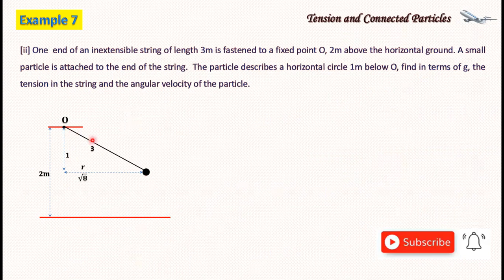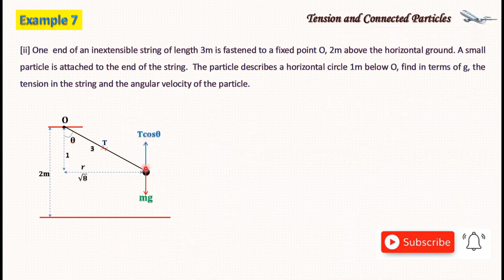So if you resolve this tension in the string, and using the weight of this mass to be mg, then you have this angle theta, because the distance from here to here is the hypotenuse 3, and the height where this particle finds itself is 1. Therefore, this remaining distance, according to Pythagoras, will give us √8. So we form this right-angled triangle, and this angle is theta.